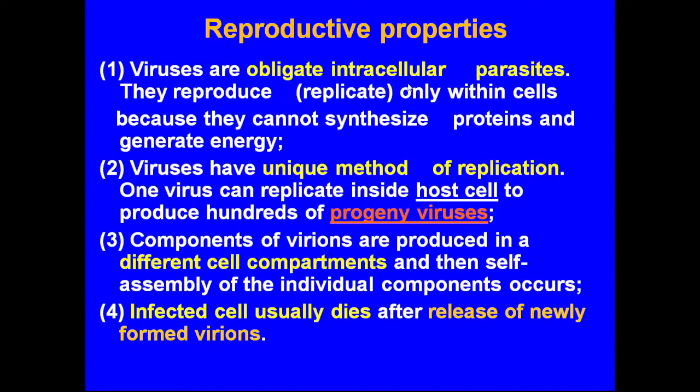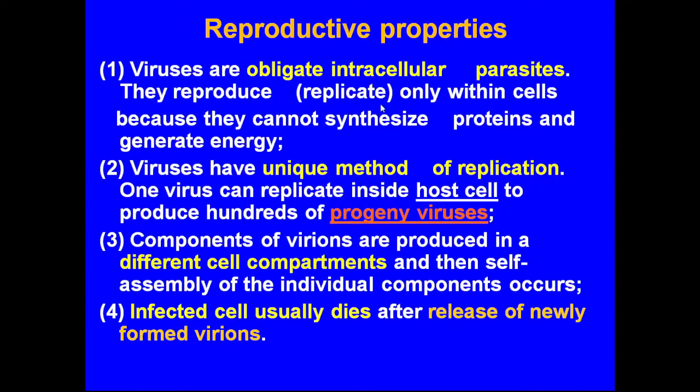Obligate means they may multiply only inside the cell because they don't have their own organelles, no ribosomes, nothing for protein production. So it usually takes over the host cell biosynthetic machinery to produce the virus-specific proteins and nucleic acids for multiplication.